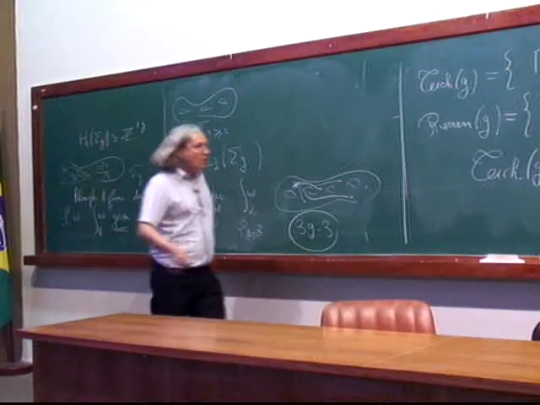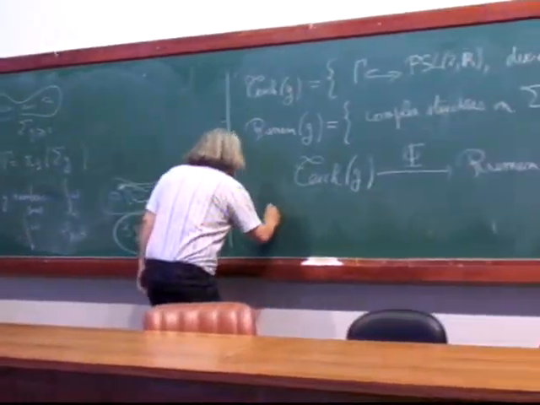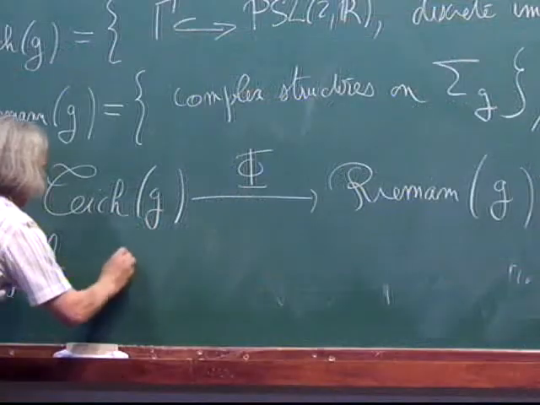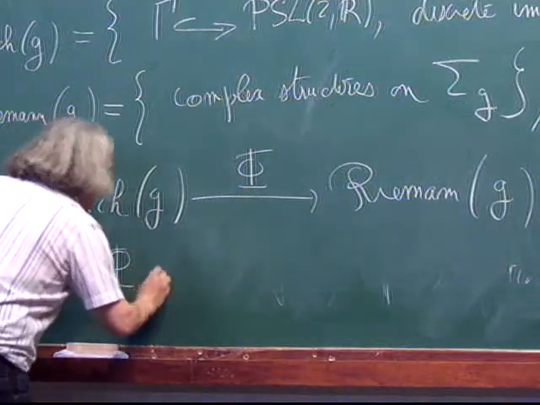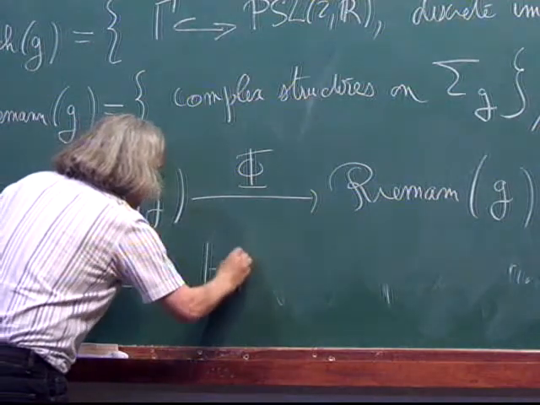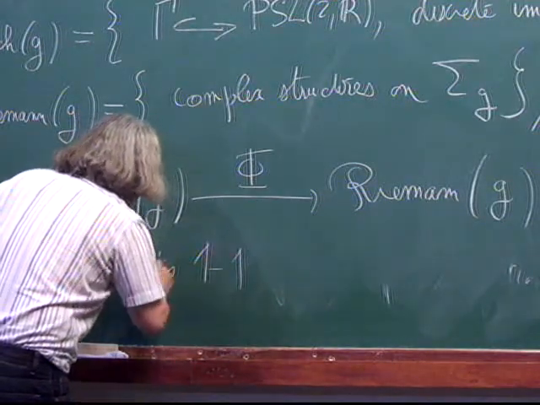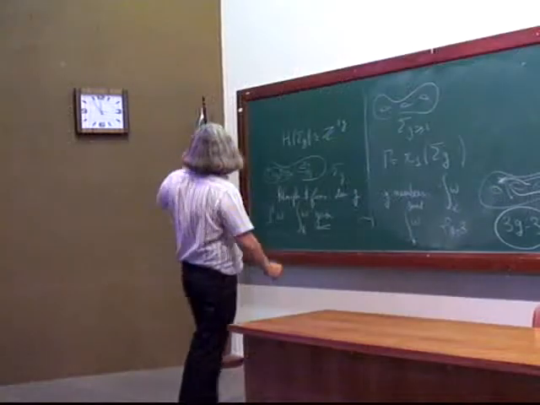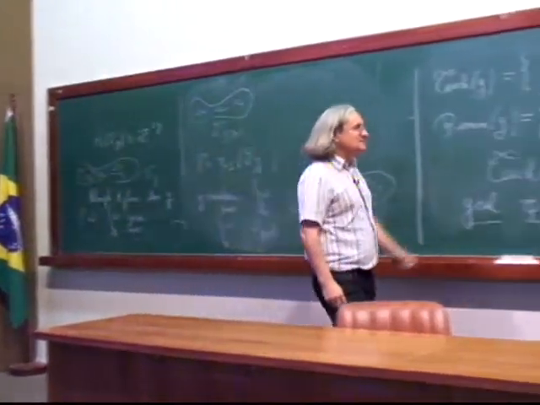And the goal is to show this map is one-to-one. And we will use ideas similar to the ideas that we had in the two examples: examples of polygons, examples of endpoints on the real line. I will not do it now. Let me show just the easy part.